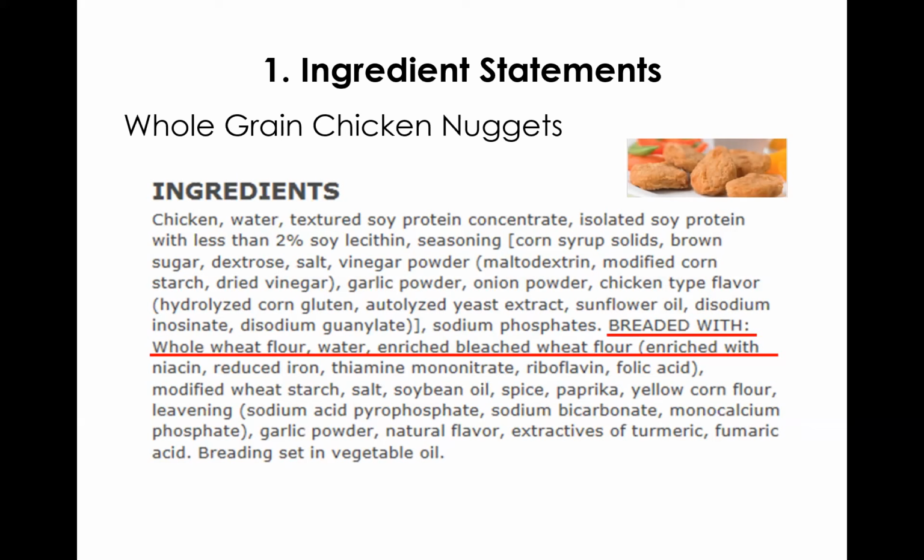Schools deal with a lot of special diets, and reading that ingredient label is key. That's your responsibility once you receive the medical statement that indicates a student can't have a certain ingredient. So let's move on to the next slide.